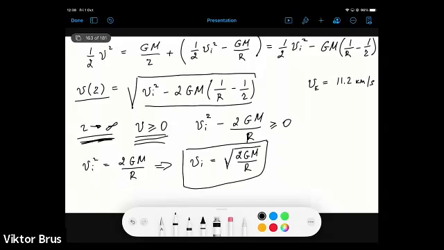If we consider the Moon, that will be much smaller, it will be 2.3 kilometers per second. And for instance, if we consider a planet like Jupiter, which is the biggest and heaviest planet in the solar system, that will be 60 kilometers per second.